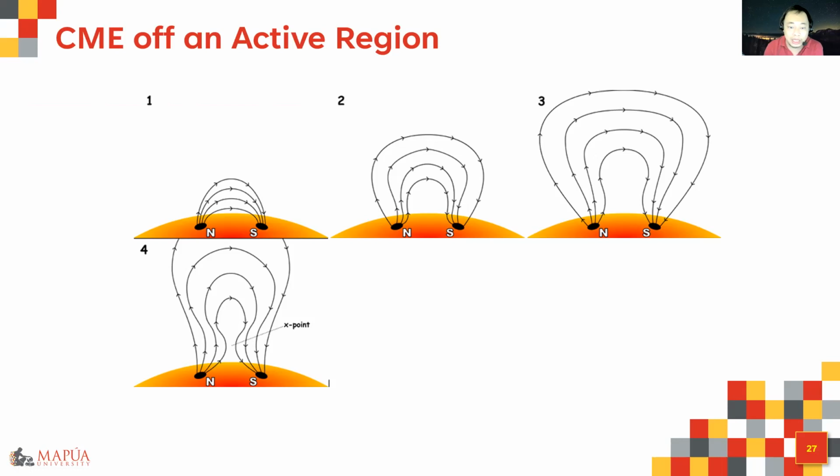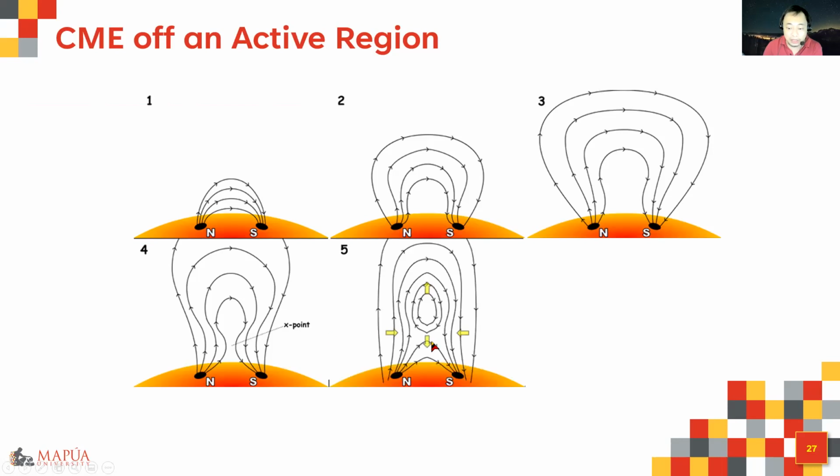It's very complicated, but the point is that because this region is filled with plasma, magnetic reconnection can happen. Once that happens, there will be an X-point configuration wherein this magnetic field line and this magnetic field line will meet, and at this point an explosion of energy will happen.